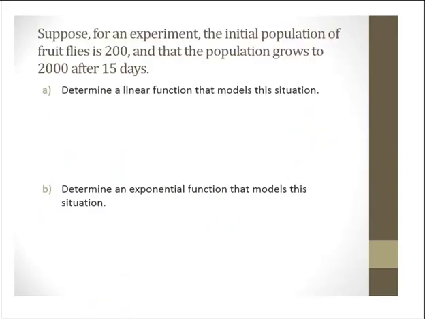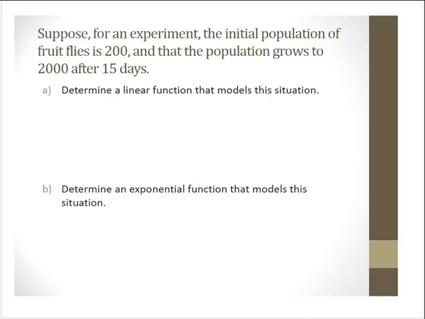Suppose, for an experiment, the initial population of fruit flies is 200 and that the population grows to 2,000 after 15 days. Determine a linear function that models this situation. To find a linear function, we need to figure out a slope and an intercept.